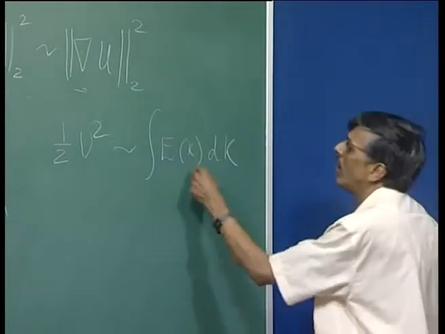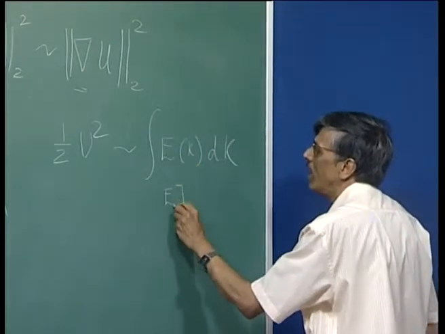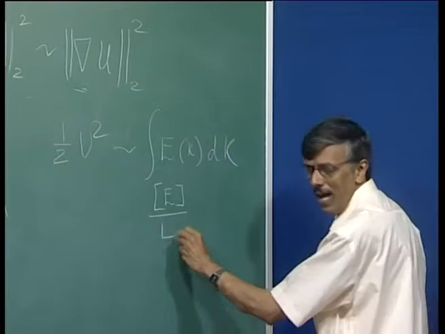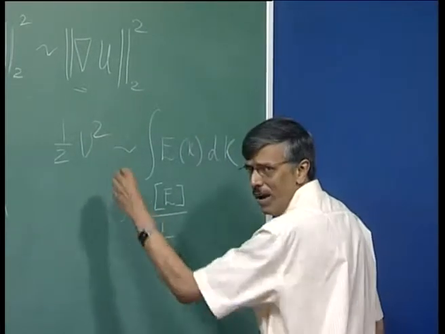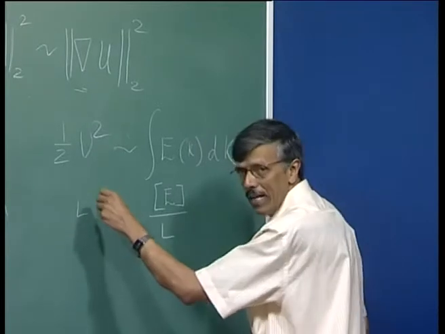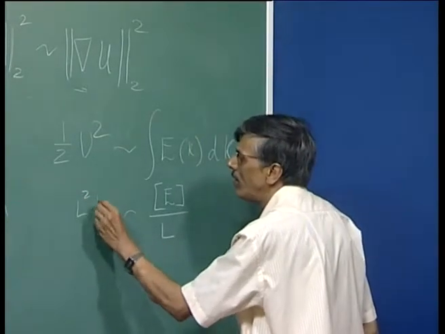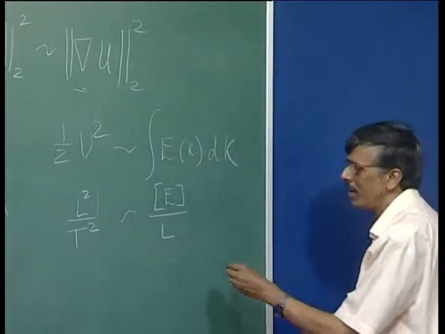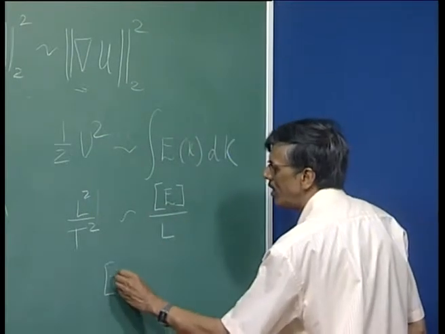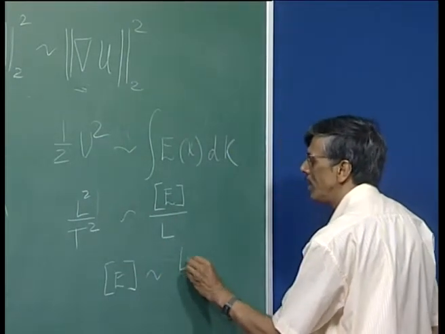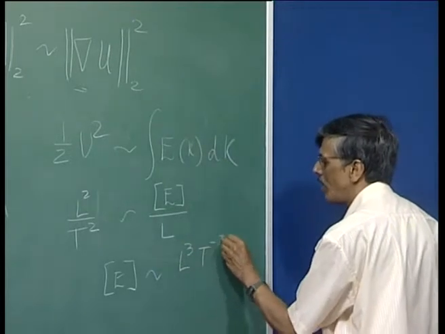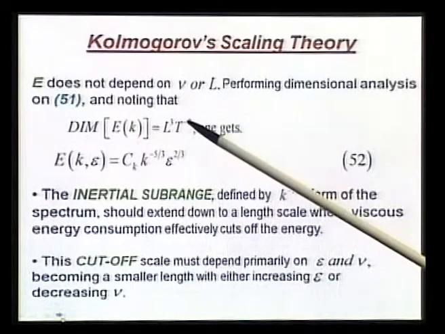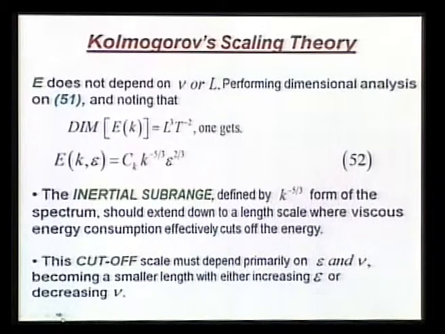The right hand side dimensionally is the dimension of energy, and what about the dimension of k? L. Okay. On this side, what do you have? L t to the power minus 1. So, L square by t square. So, the dimension of E then is going to be L cube t to the power minus 2. That is what we have written. Dimension of E k is L cube t to the power minus 2.